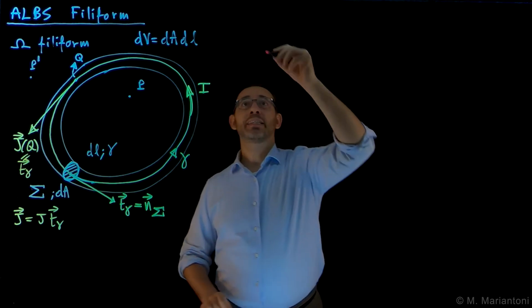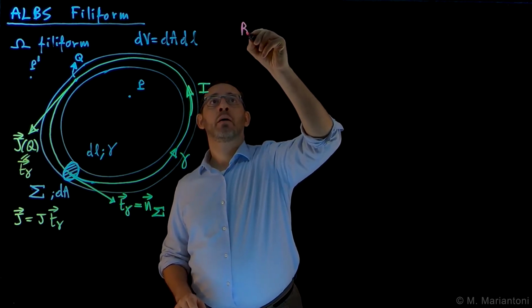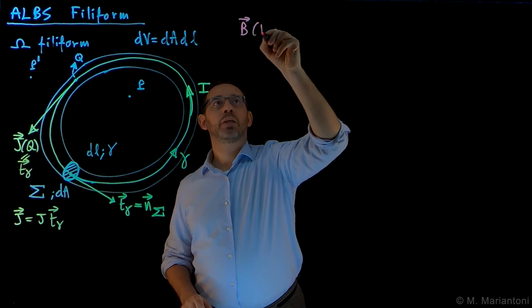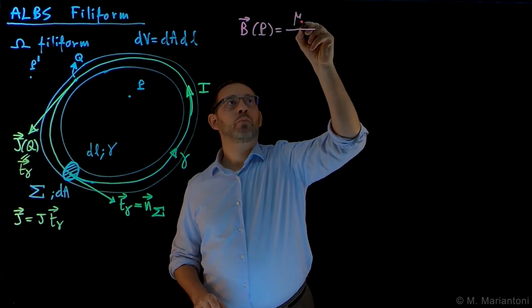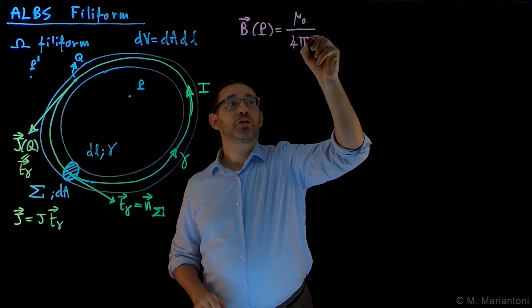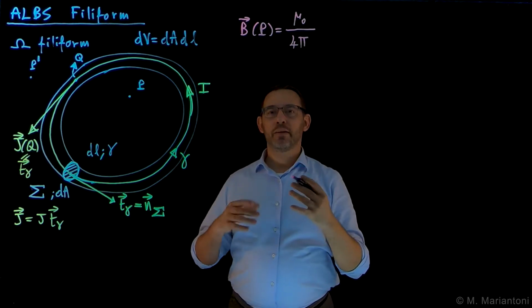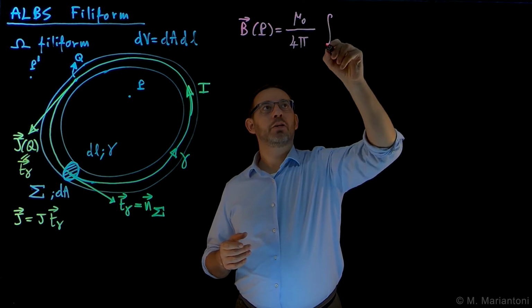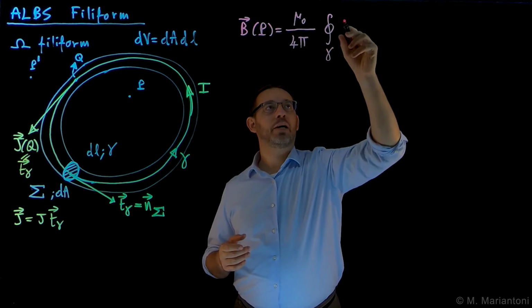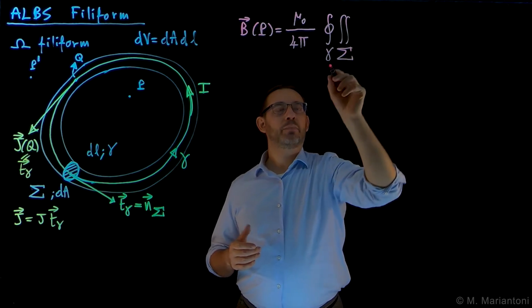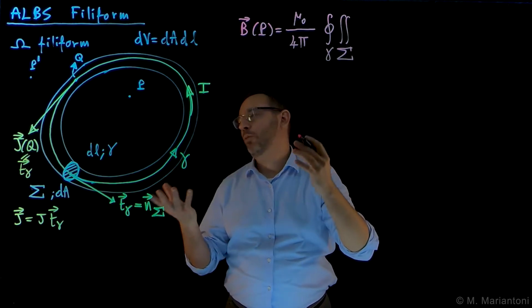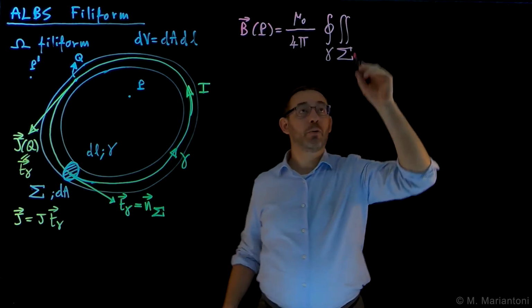So we know that B at point capital P is given by mu0 over 4 pi, and we try to use the fact that this is filiform. So the integral on a filiform becomes effectively the circulation, because it's a closed wire along gamma, times the integral on the open surface capital sigma. Why is that? Because this makes up for the volume integral over capital omega in the ALBS equation.